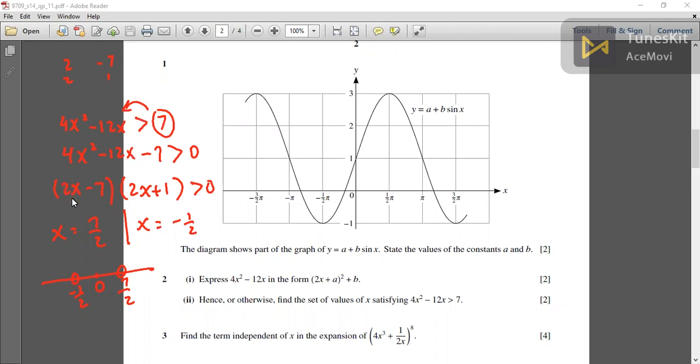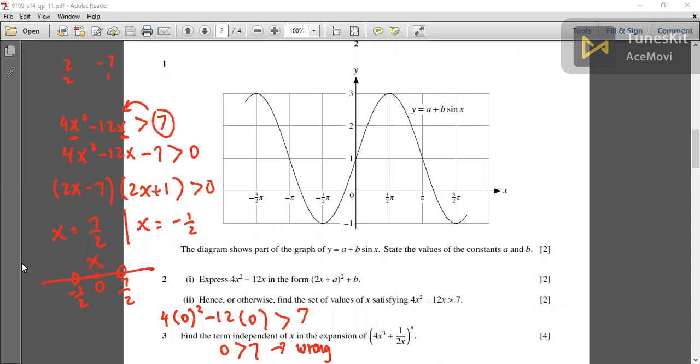I put x equals 0 into the inequality: 4 times 0 squared minus 12 times 0 bigger than 7. I got 0 bigger than 7, so this statement is wrong. So the number 0 is not included, and this region is not included.